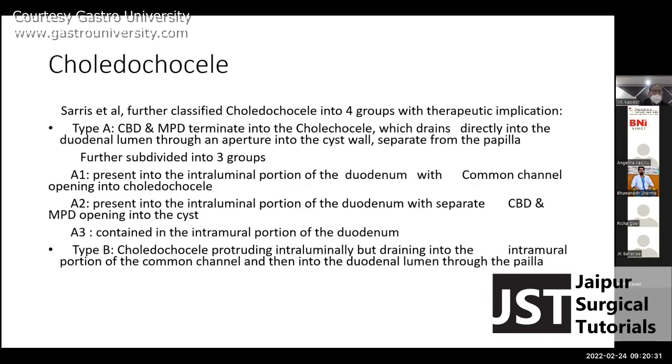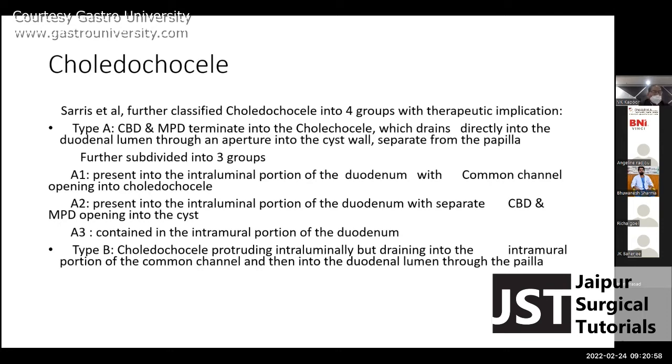Saris et al. further classified choledochocele into 4 subgroups with therapeutic implications. Type A was the CBD and MPD terminate into a choledochocele, which drains directly into the duodenal lumen through an aperture in the cyst wall separate from the papilla.